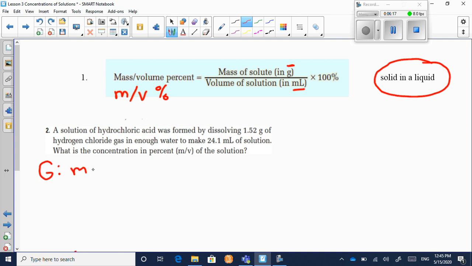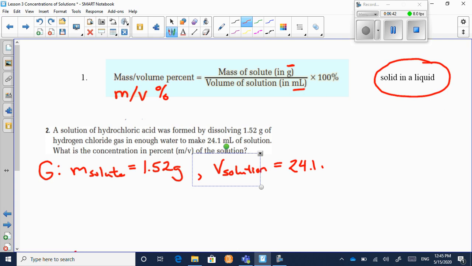We've been given the mass of the solute. I'm just going to give it a little subscript here. The mass of solute is equal to 1.52 grams. It's dissolved in enough water to make this amount of solution. So we've also been given the volume of solution is equal to 24.1 milliliters.